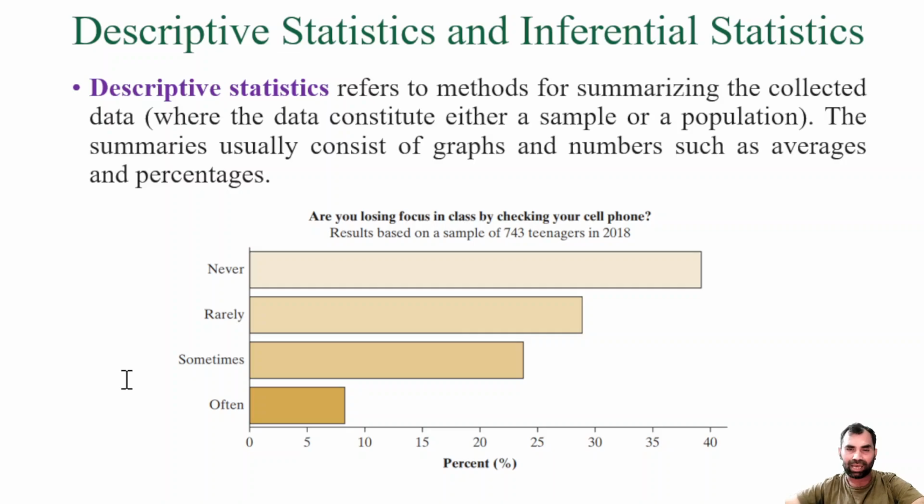In addition to that, we can also use graphs such as bar chart, pie chart, line chart, scatter plot, stem and leaf plot. There are so many categories of graphs in statistics which can be used to display the data. And the third thing we can use is tables. Sometimes we describe the data using different forms of tables.